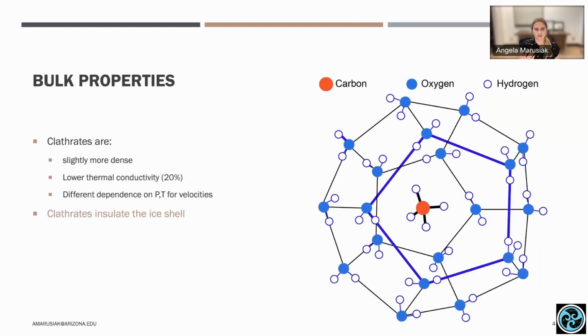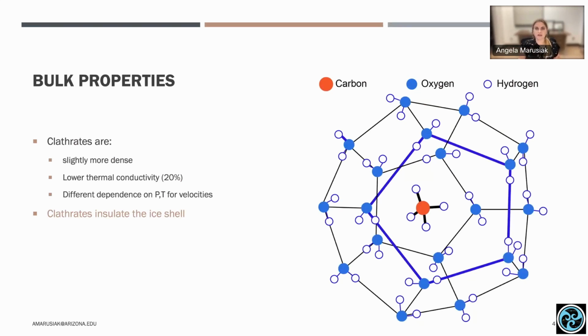So one of the things I just want to bring up is the differences between a methane clathrate and a traditional water ice. The bulk properties are actually pretty similar. Methane clathrates are much closer to ice than they are to something like, say, a granite or a basalt. Clathrates are slightly more dense, but really the big difference is they have a much lower thermal conductivity.